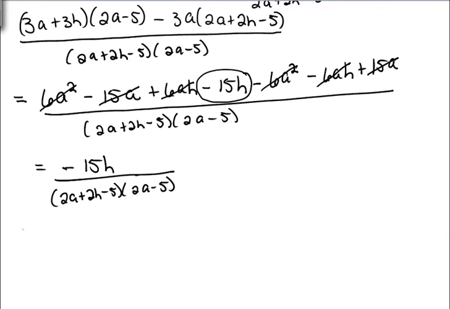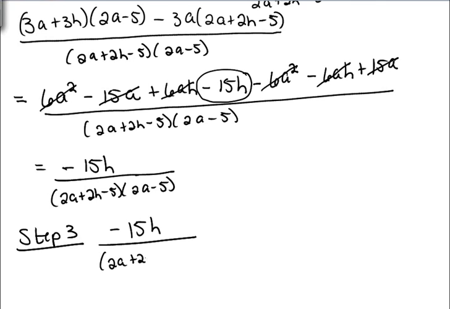And step 3. Step 3 is to divide this expression by h, so negative 15h over 2a plus 2h minus 5 times the quantity 2a minus 5. And we're dividing this whole thing by h, but remember we want to write this as a fraction, h over 1, and then convert that to multiplication.